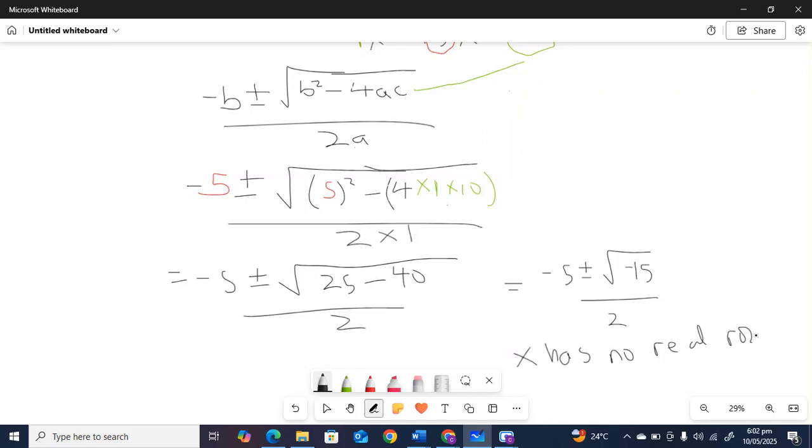So you end there and you say x has no real roots, meaning there's no value of x, basically.